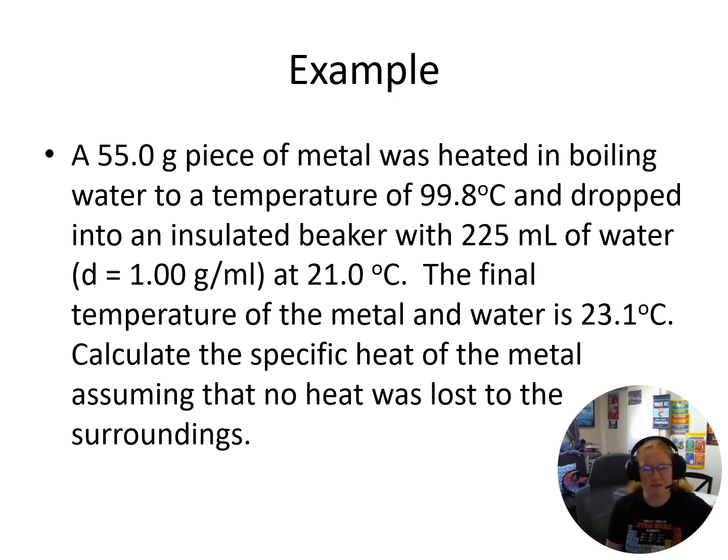What we don't know is the specific heat of that metal. So we're going to try to calculate the specific heat of our metal. And so the heat of our water, okay. All right.